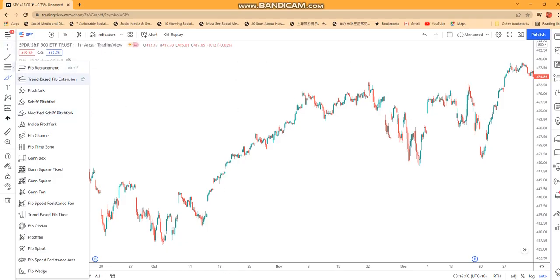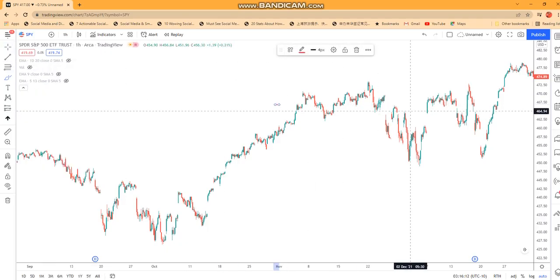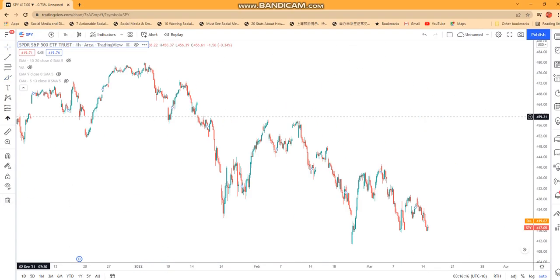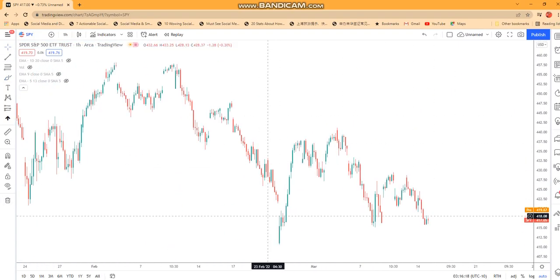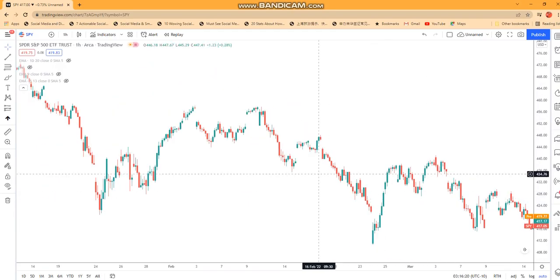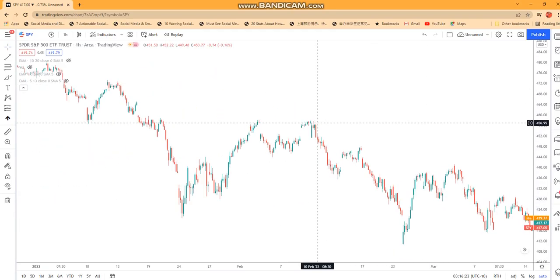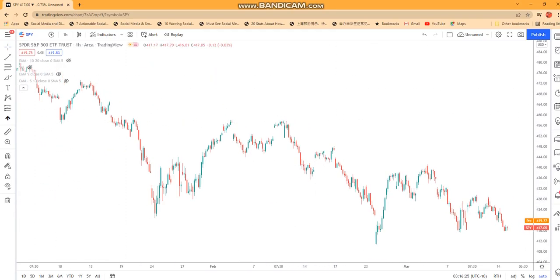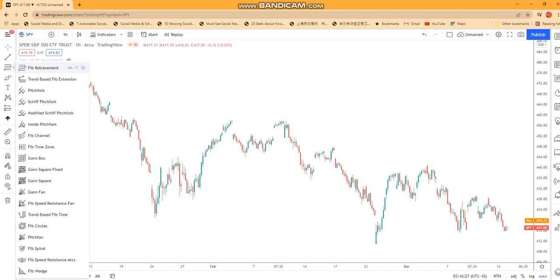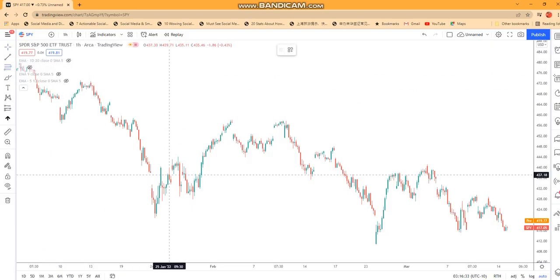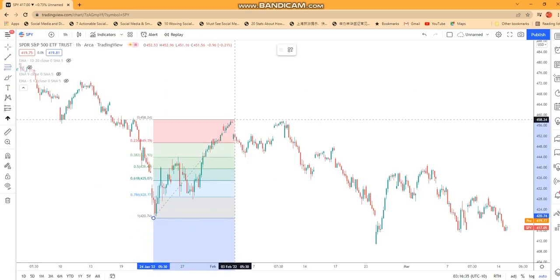And then for this thing, the trend extension is totally opposite. Trend extension is for me to predict where it might drop to, basically, where is the support. So the difference between this first button and the second button is, the first one is always A to B, that's all.